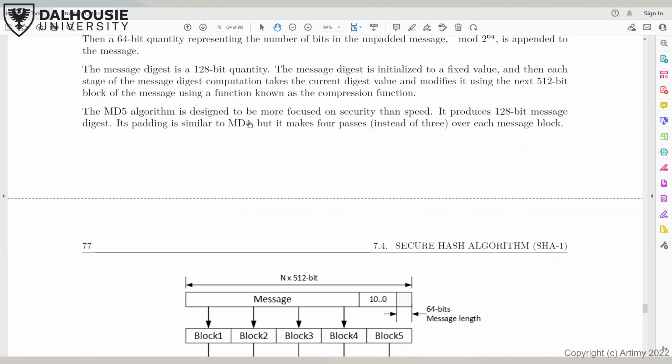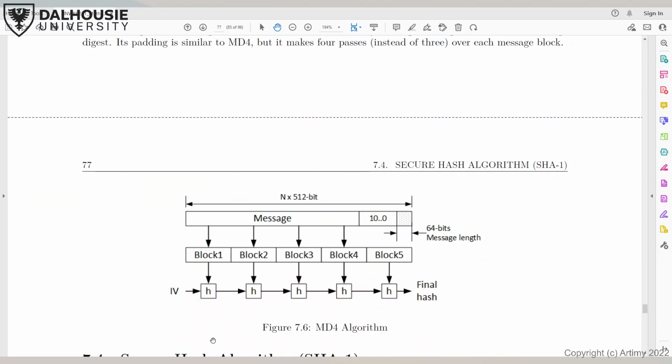The MD5 is designed similar to MD4, but it has more security strength. And here it says that it makes 4 passes instead of 3 inside. This refers to the operations inside the H function here, right?